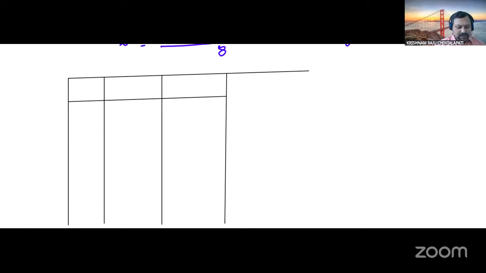Second one is xi minus x bar. And the third one is xi minus x bar whole square. So total we have 8 observations, right?